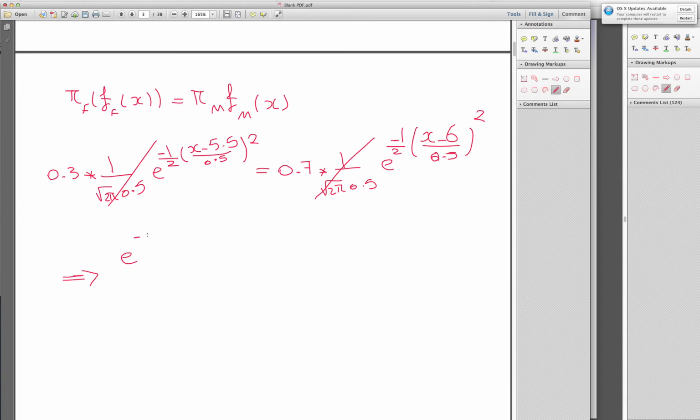So therefore, exponential of negative 1 over, okay, so here I can write 0.5 as 1 over 2, right? So I can write this one as 1 over 2. So 1 over 2 squared is 1 over 4. So if you put it outside, you get 4 here. So I can just get rid of this part.